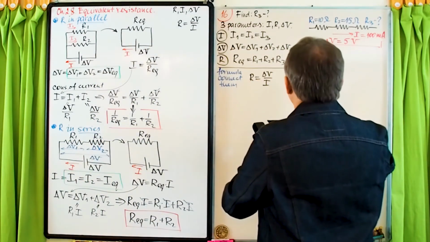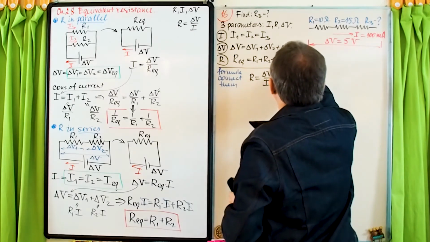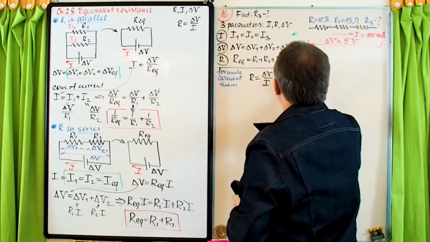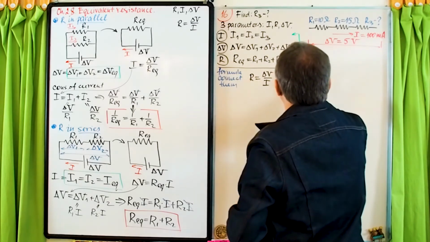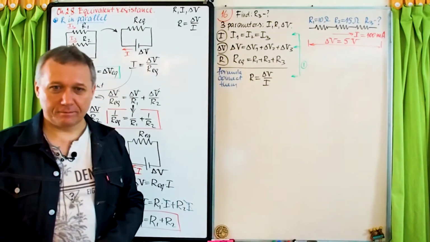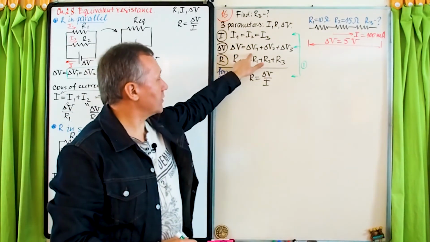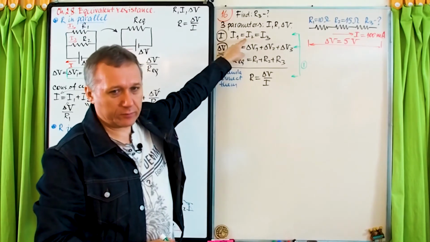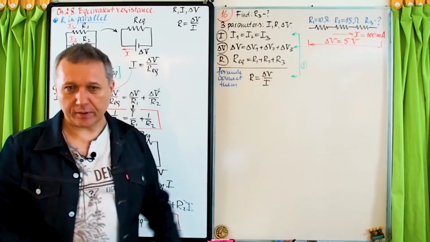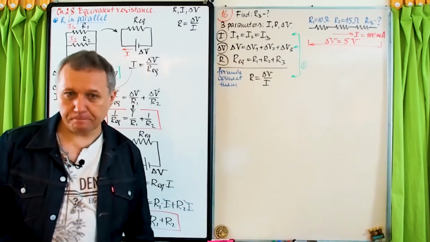Let me use this green. So if we use this piece of physics and the formula connecting them, this will be method number 1. Every time we need to use the formula connecting these 3 parameters.